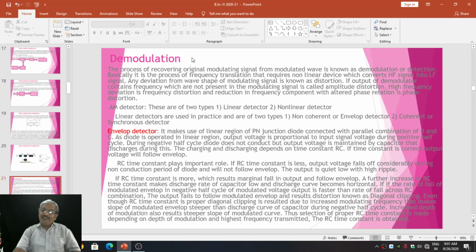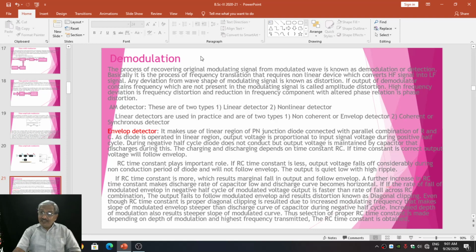We are well aware that in the transmitter, a modulation technique is adopted. Maybe it is amplitude modulated, maybe it is frequency modulated, or maybe the signal is modulated using a digital modulation technique.